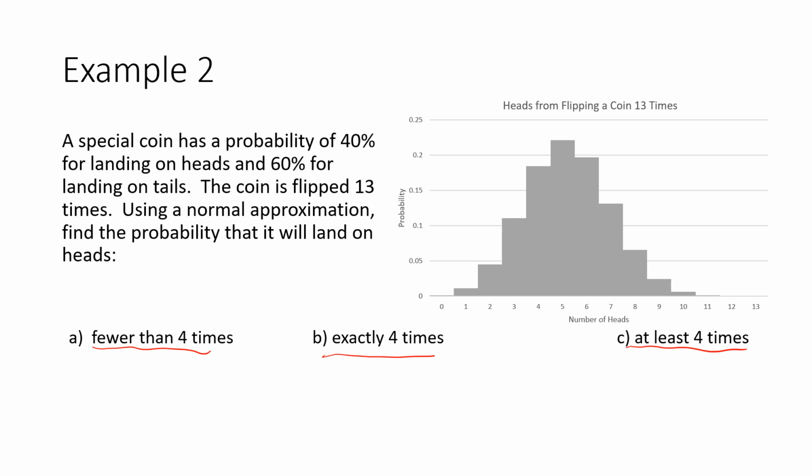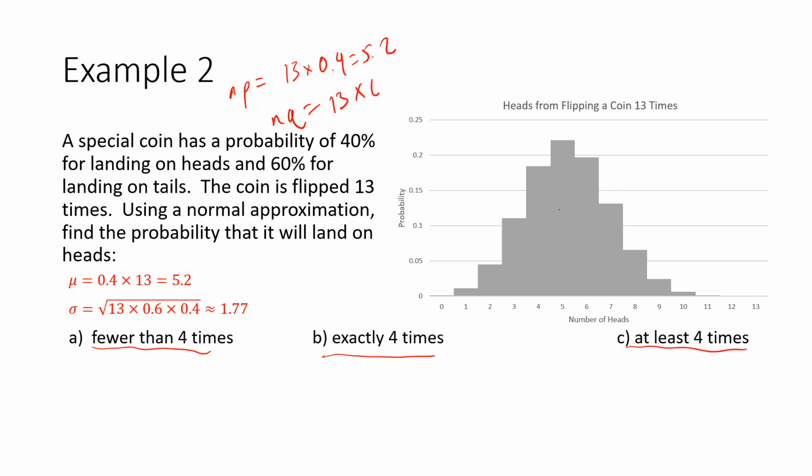Remember, NP and NQ have to both be greater than 5. So NP here is 13 times 0.4, which gives me 5.2. NQ would be 13 times 0.6, which should give me 7.8. So NP and NQ are both greater than 5, so we should get a good estimate.